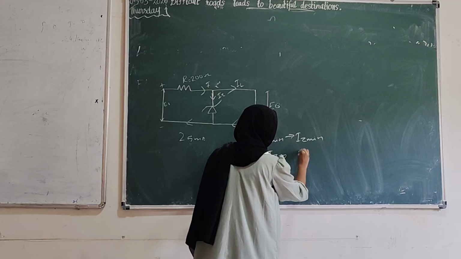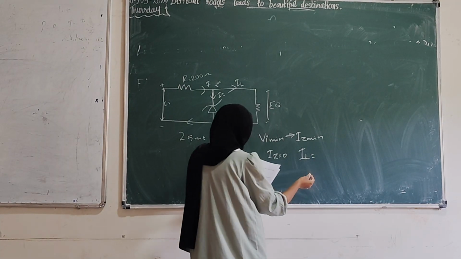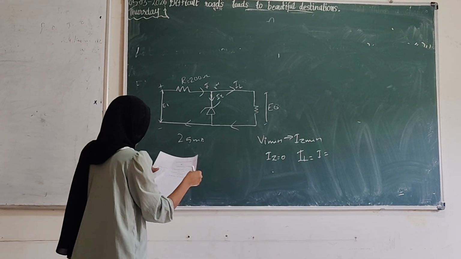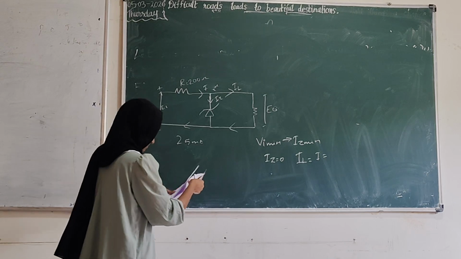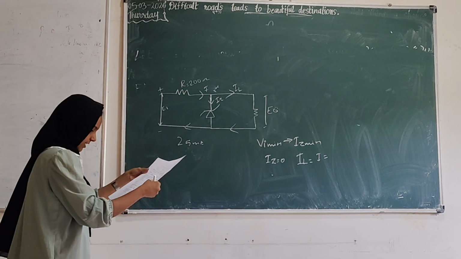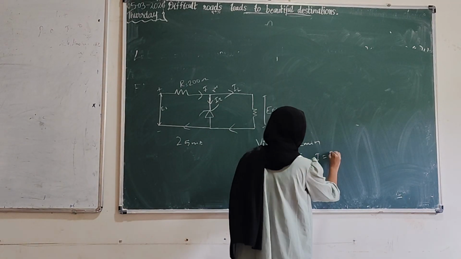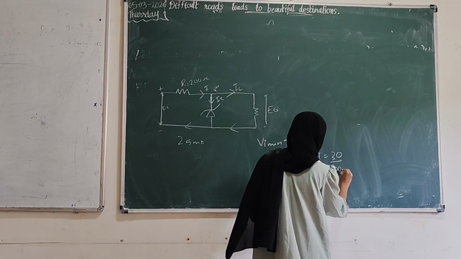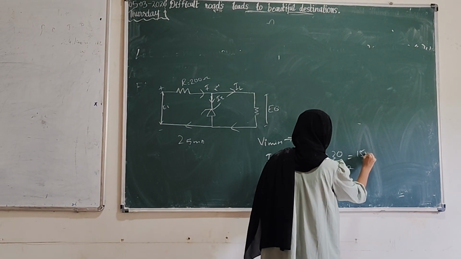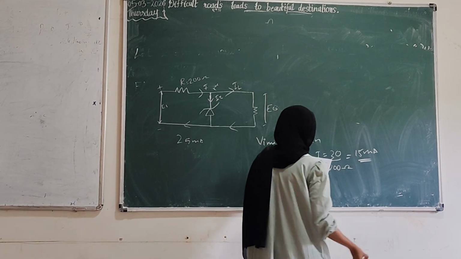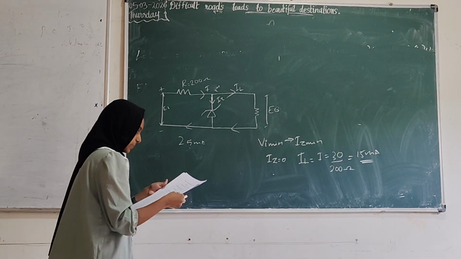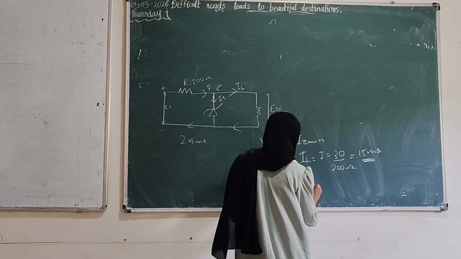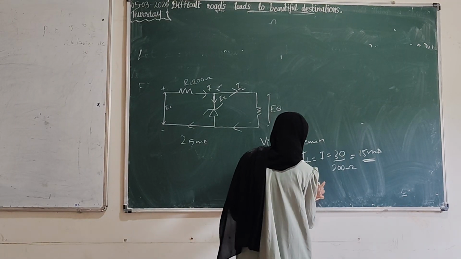So in this condition, IL will be, given that VZ is 30 volts, 30 by 2000 ohm, that is 15 milliampere. So we want to find the minimum input voltage by using Kirchhoff's voltage law.